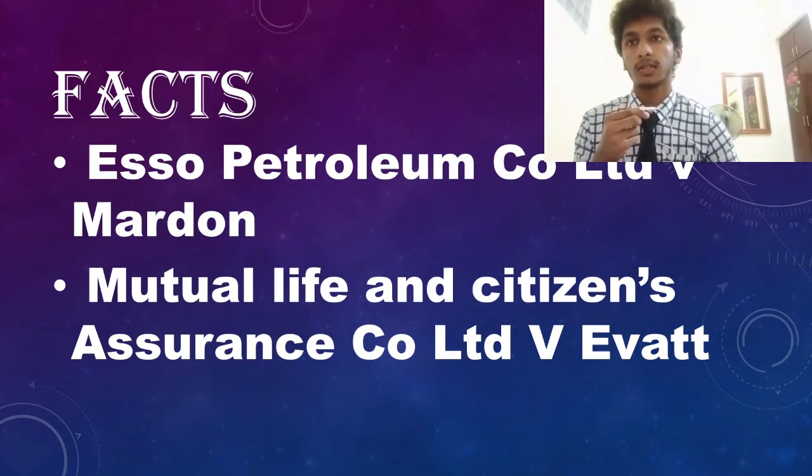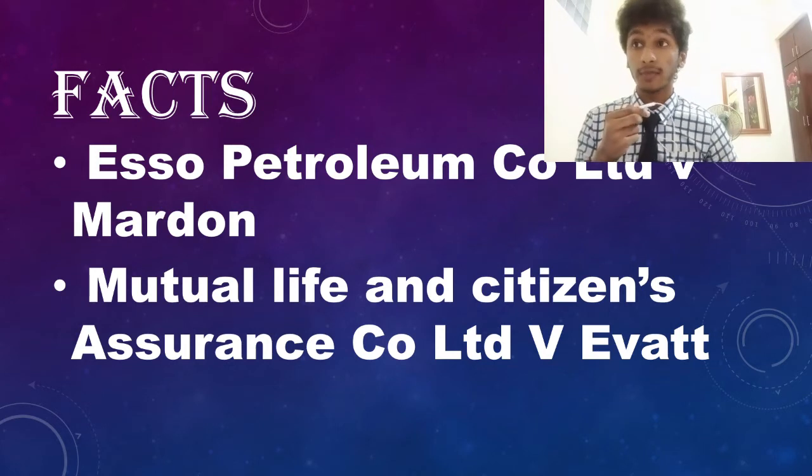For the second case, the plaintiff can't claim the economic loss caused by the negligent misstatement from the defendant because the defendant was an insurance company. Although they gave advice, the financial advice they gave was not within their profession.